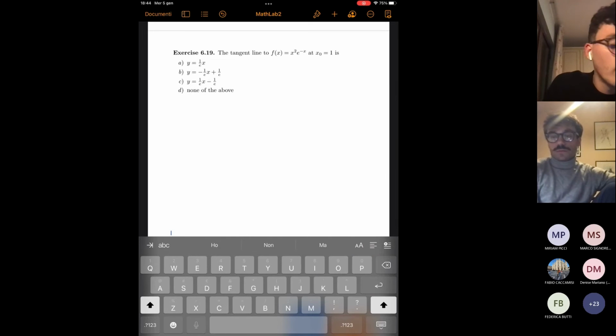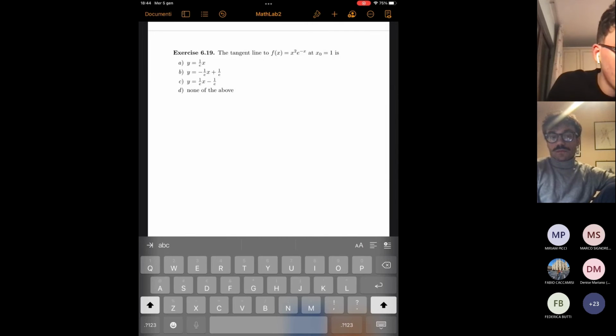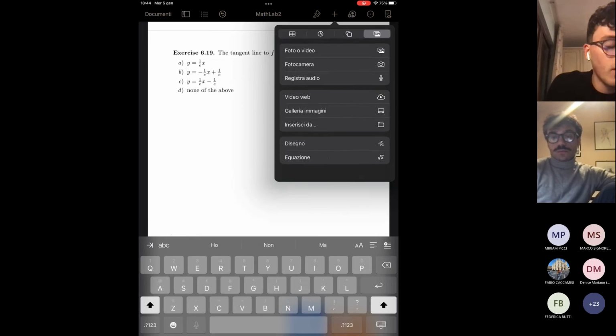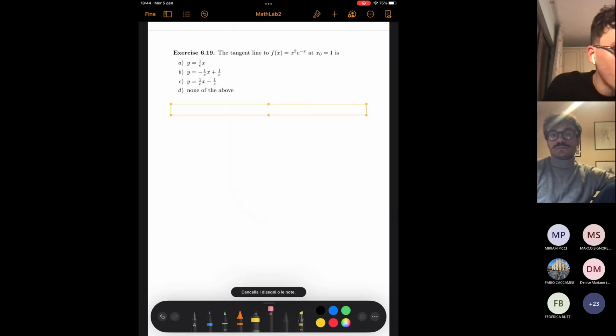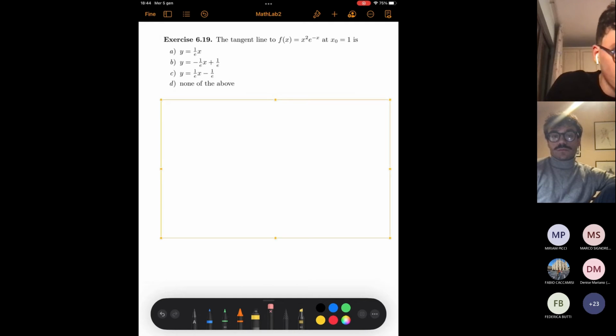The derivative of a product of functions is equal to f prime times g, where f is the first function, so in our case x squared, while g is e to the power of minus x.